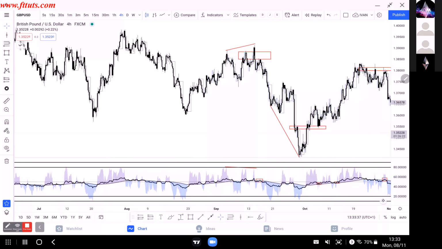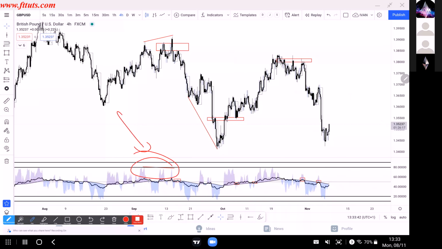Once I see divergence forming here, and then I see price giving me divergence somewhere in this area over here, that means that I should probably cancel my trade, if you know what I mean. If I see divergence here and then I see divergence over there and I decided to enter here, that means I will probably cancel my trade because I saw hostile divergence.